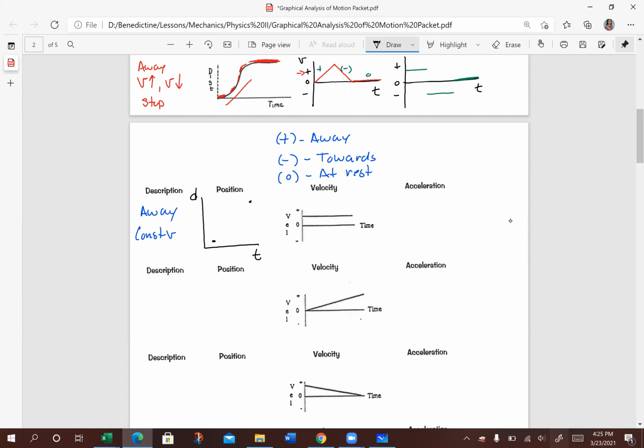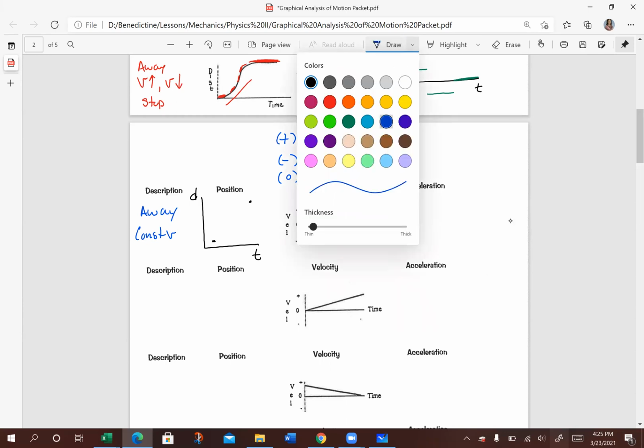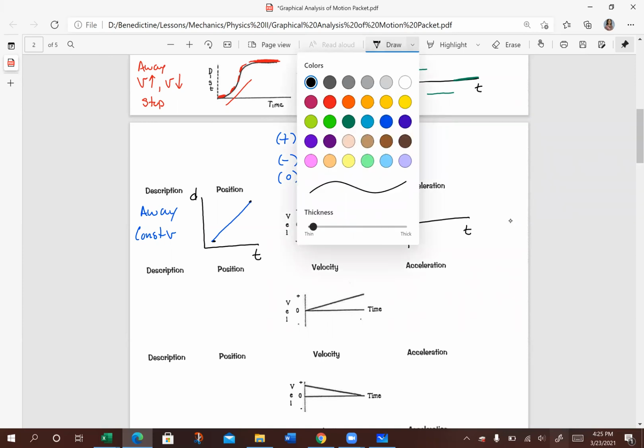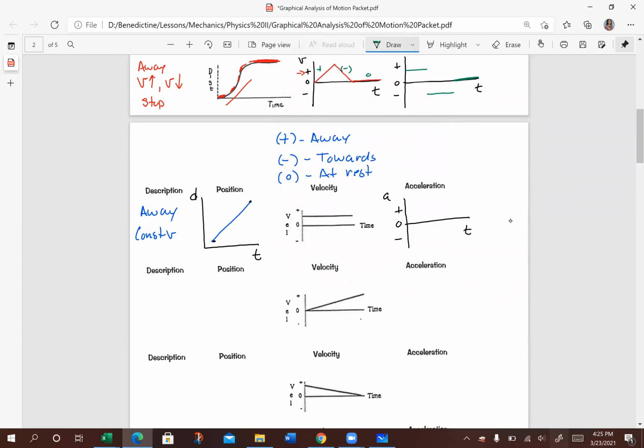And then say, okay, if I have to connect those 2 points, I must do it with a constant slope. So constant slope would be a straight line, right? And then this would have an acceleration graph that has no slope, right? So we'd have time, acceleration positive, 0, negative. That would have no slope. It's a straight horizontal line. So we're going to have a 0.